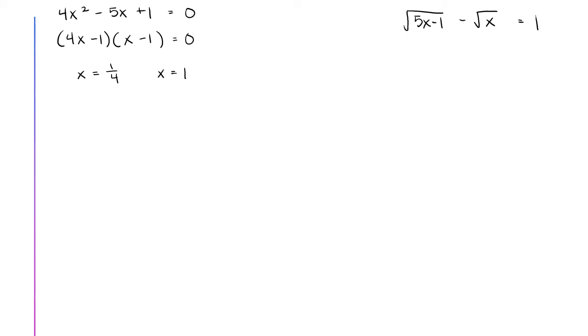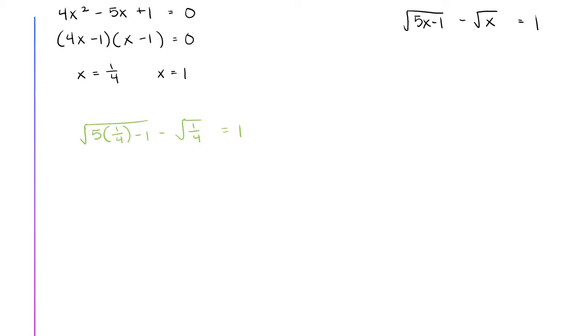Let's plug in 1/4 for x. So the square root of 5 times 1/4, and we've got fractions underneath square roots. Now we're also subtracting the square root of 1/4 and trying to make that equal to 1. So let's see how this simplifies.